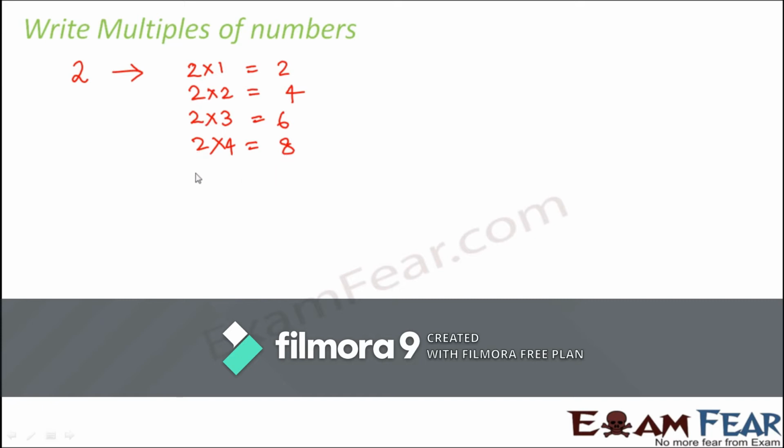Therefore, 2 is a factor of 8 and 8 is a multiple of 2. So that's the logic. In this way, we can write down all the multiples of 2. And this will continue because as you keep increasing this number 1, 2, 3, 4, 5 and so on, you will continue to get these multiples.